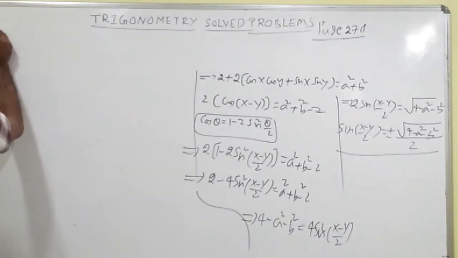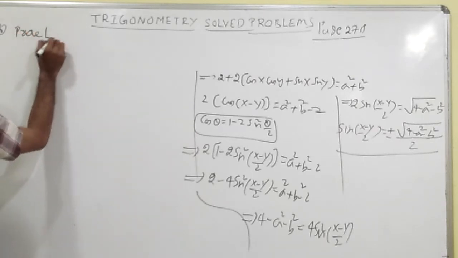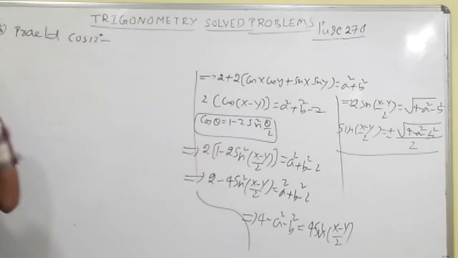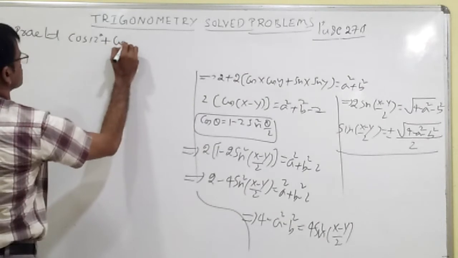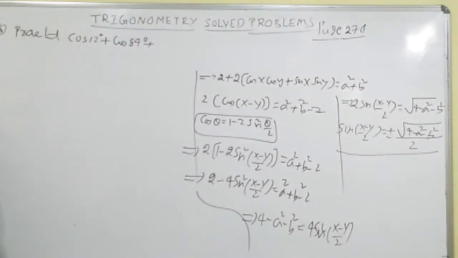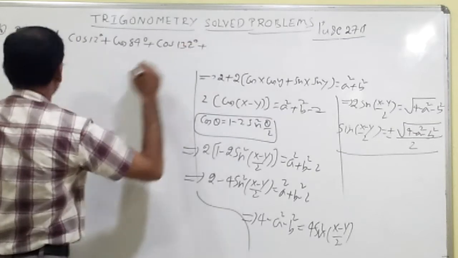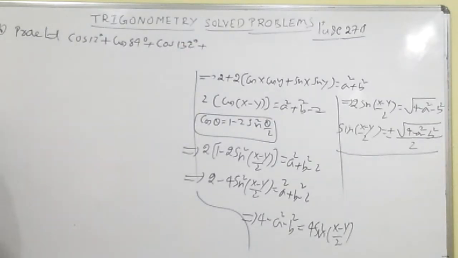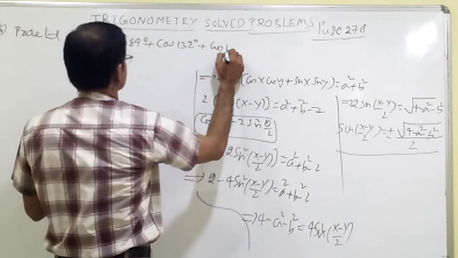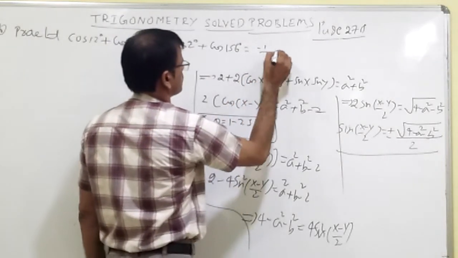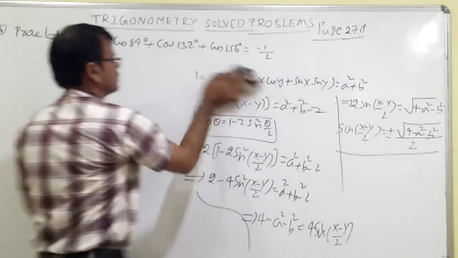Example 6: prove that cos 12 degrees plus cos 84 degrees plus cos 132 degrees plus cos 156 degrees is equal to minus 1 by 2.